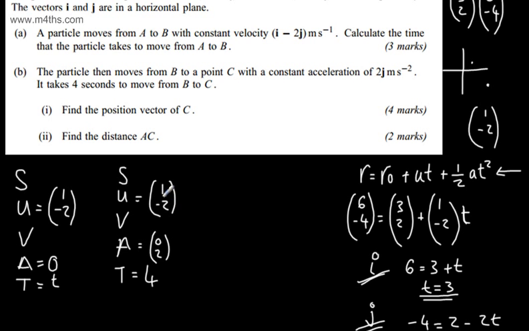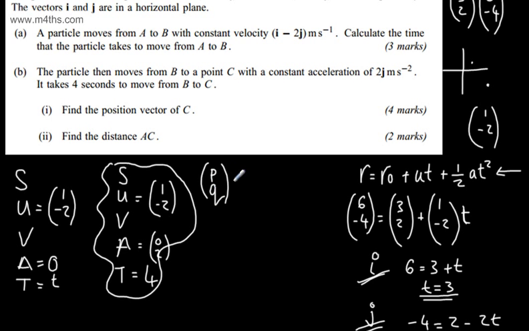What we're going to do is find the position vector of C. So all I'm going to do is go back now to this one right here, and we're going to say that C is going to be PQ. You certainly don't have to do that, but hopefully you'll see what I'm going to do. So where did we start? Well, we started at B. That's r0. Where we ended up are P and Q.